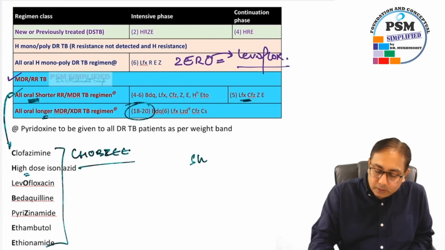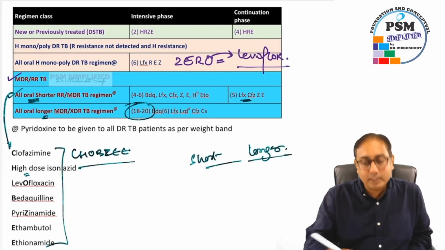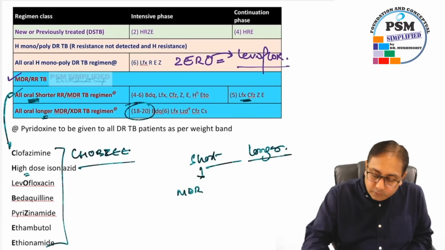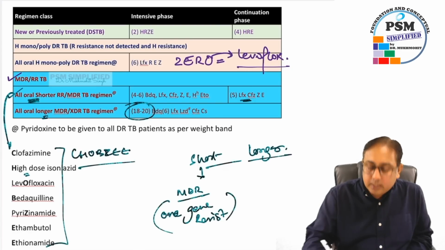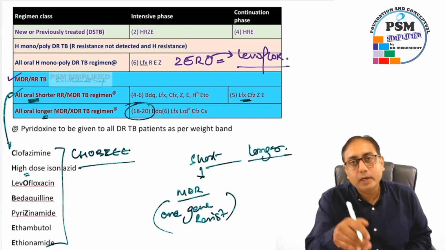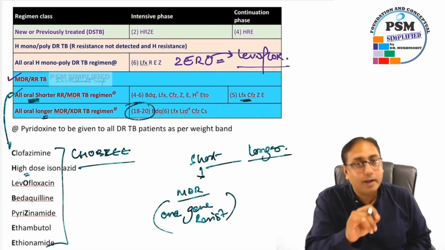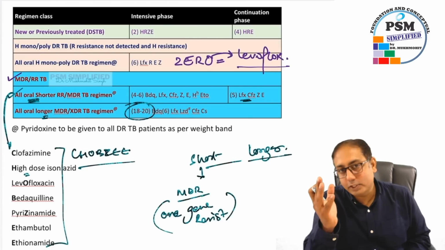When do you give a shorter and when do you give a longer bedaquiline-containing regimen? Please note that the shorter is supposed to be given to all cases of MDR where there is only one gene resistance, either the INHA gene or the KatG gene, but only one gene resistance for isoniazid. In those cases, you can give the shorter bedaquiline-containing regimen.